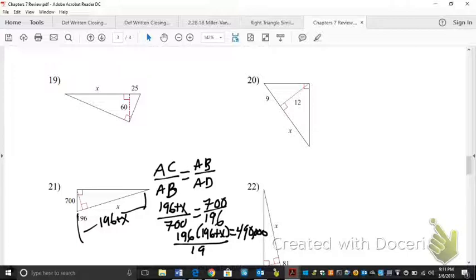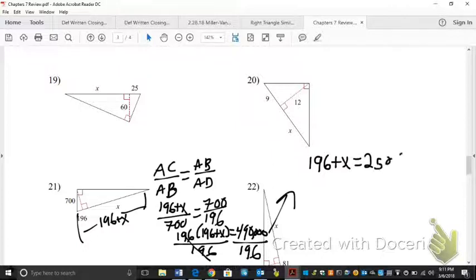Instead of distributing that 196, I'm going to divide by it right away. Doesn't actually change your answer, I just find it easier. So it's going to be 196 plus x equals whatever that number is, 2,500, minus 196. That is 2500, not 2506. And so our answer is 2304.